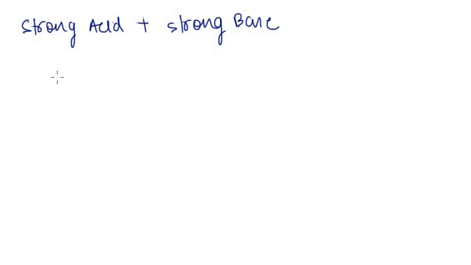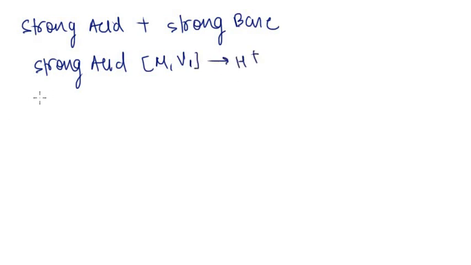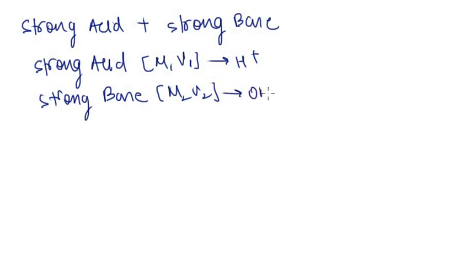So let's say we have a strong acid that has a molarity M1 and volume V1, which gives H positive. We have a strong base which has a molarity M2, volume V2, which gives OH negative.